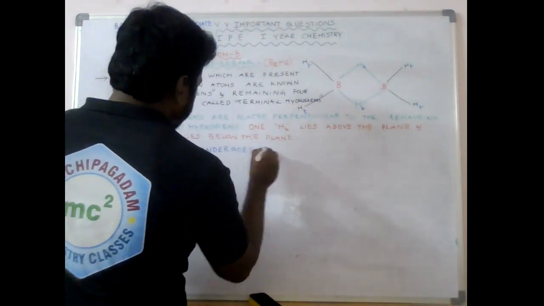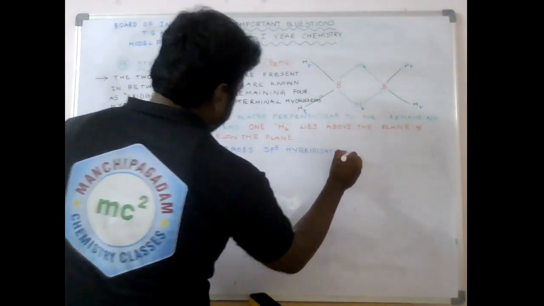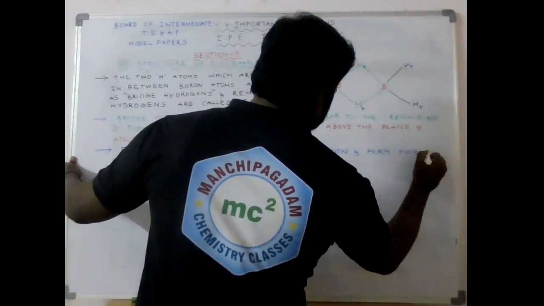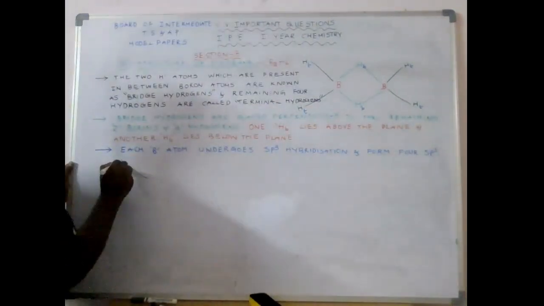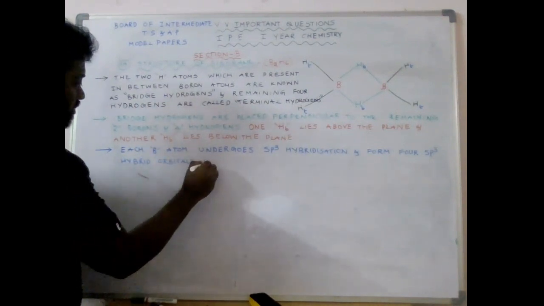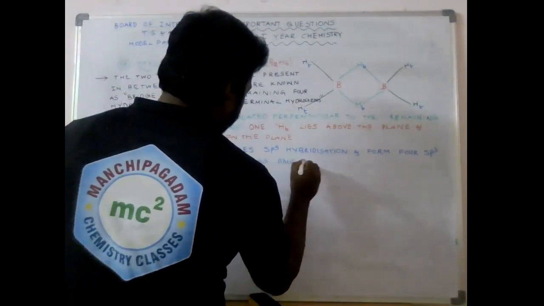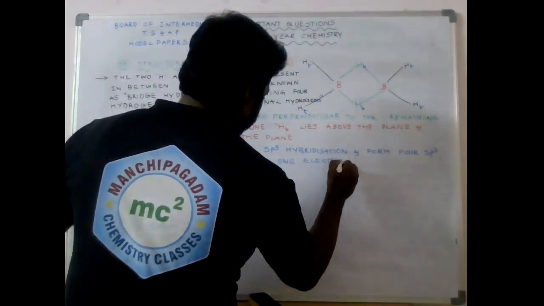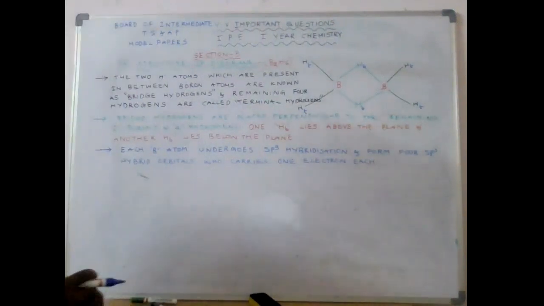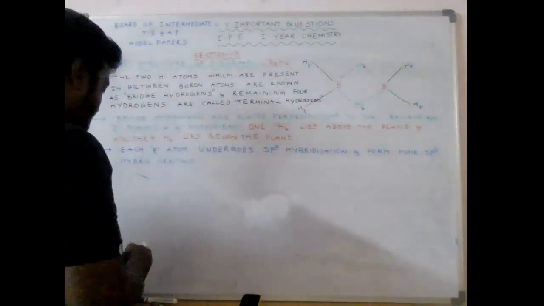That is why it undergoes sp3 hybridization and forms four sp3 hybrid orbitals, which carry one electron each, right? That is why four sp3 hybrid orbitals.